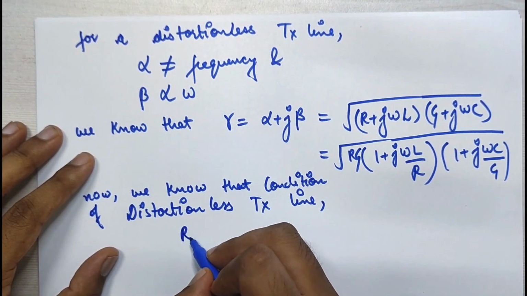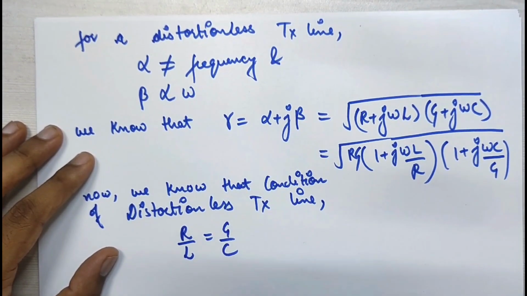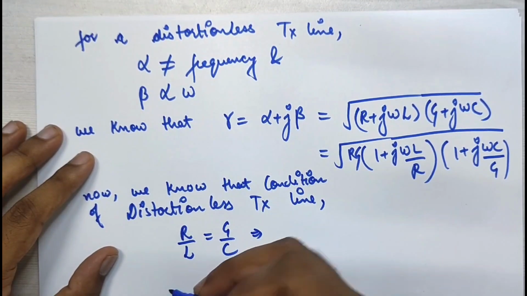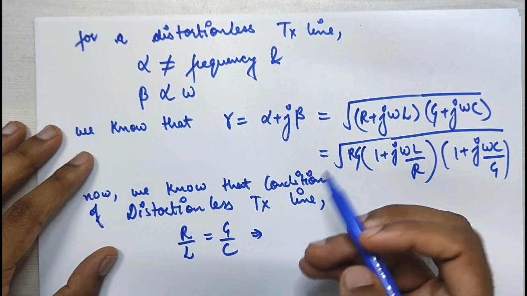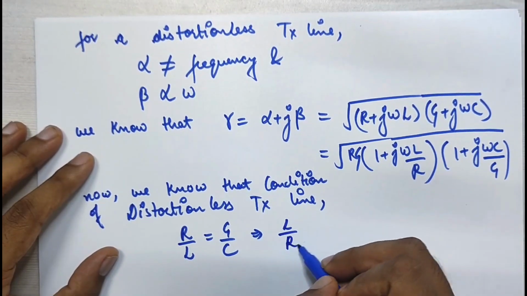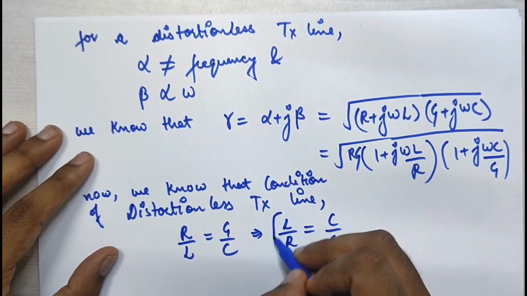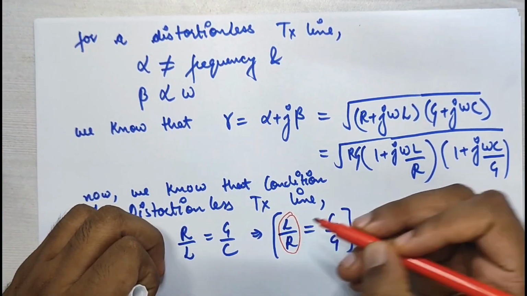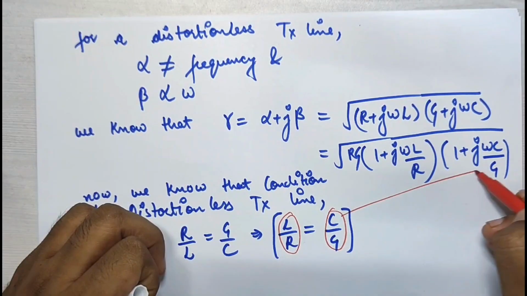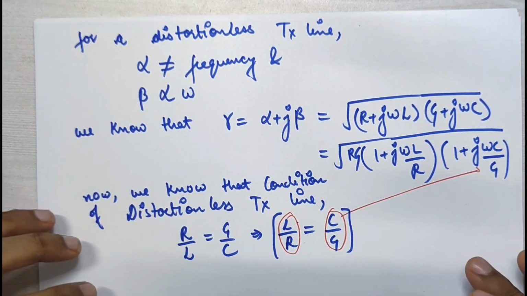The condition is R by L is equal to G by C. From this we can also write like this, that L by R is equal to C by G, to make it appropriate, so that we can substitute this value with this. So hence we have made this modification.